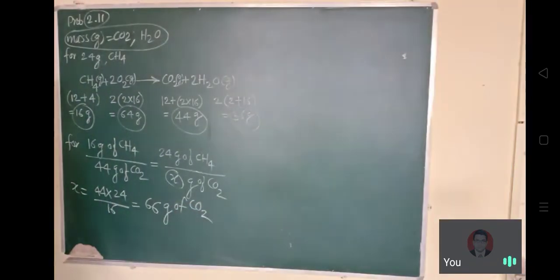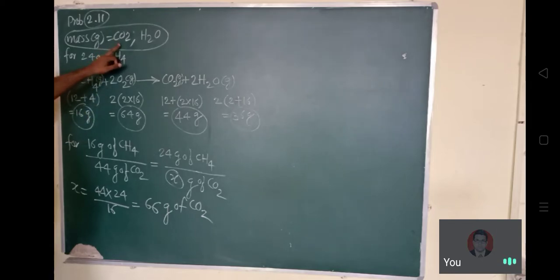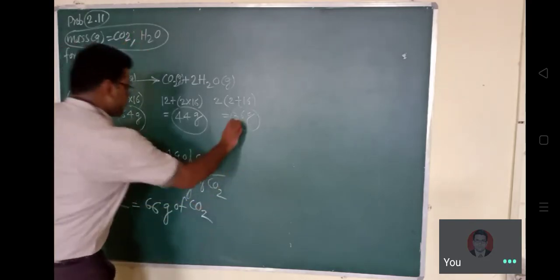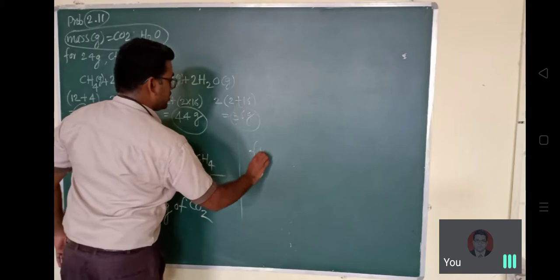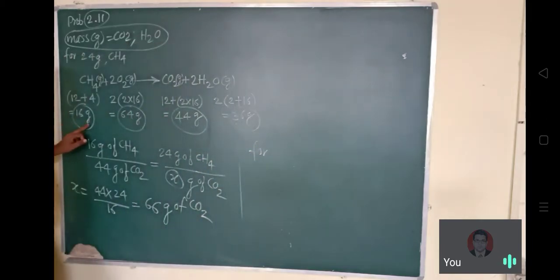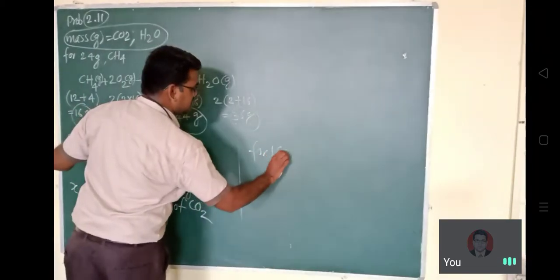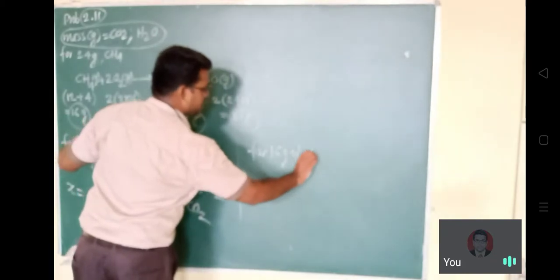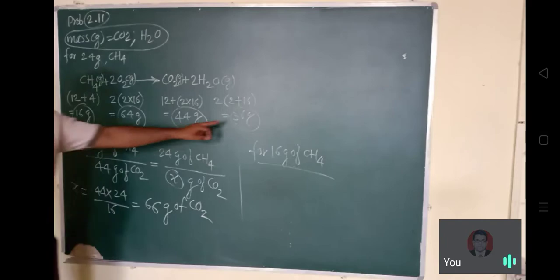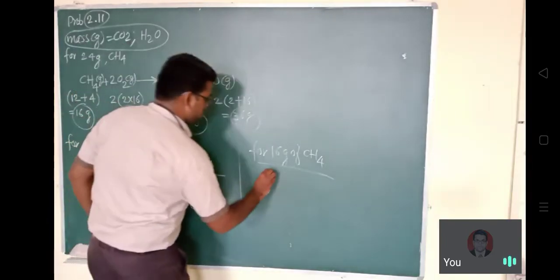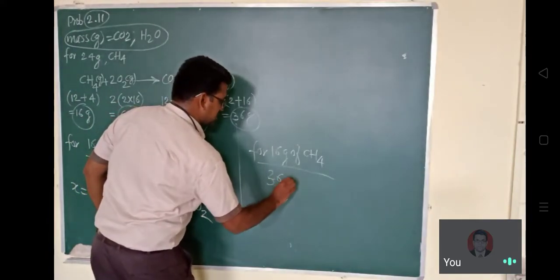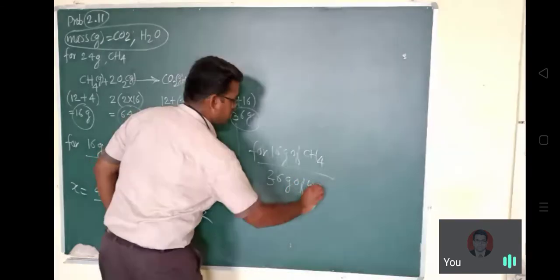In this way we have solved for the grams of carbon dioxide when we take 24 gram of methane. Now we will solve for water. We know that for 16 gram of methane, it gives 36 gram of water.